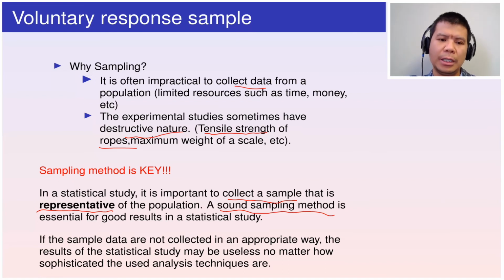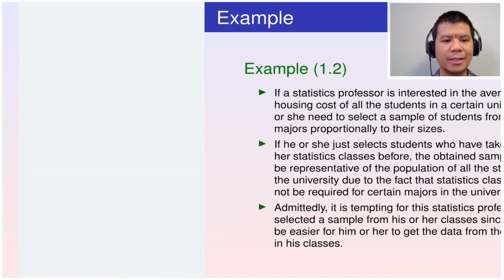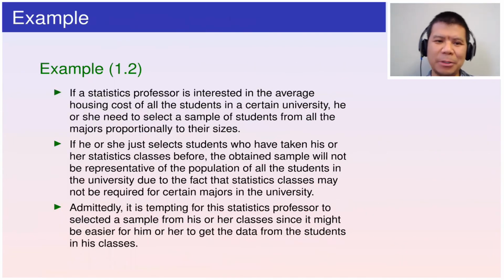If the samples are not collected in a proper way, the results of the statistical study may be useless, no matter how sophisticated the analysis techniques are. So that's how important a sampling method is. You have to sample in a proper way. Now let's consider some examples. Consider this example here.